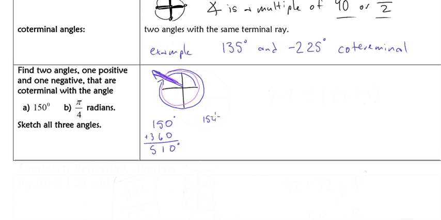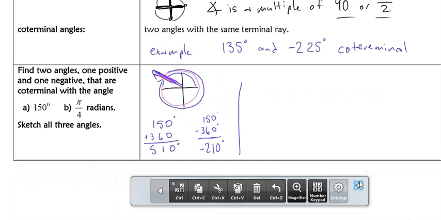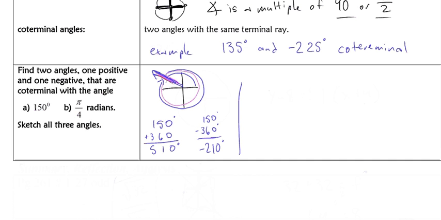So 150 minus 360 is going to give us negative 210 degrees. Those are both coterminal with 150, and really they're coterminal with each other as well. All right, so there it is in degrees, and there's our sketch of all three angles, right on top of each other here at 150 degrees.